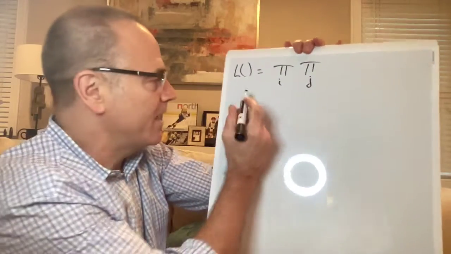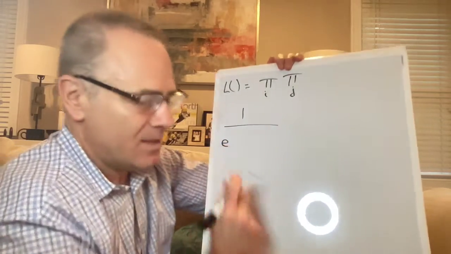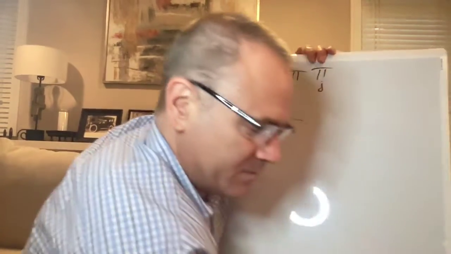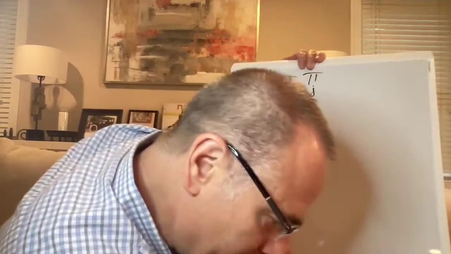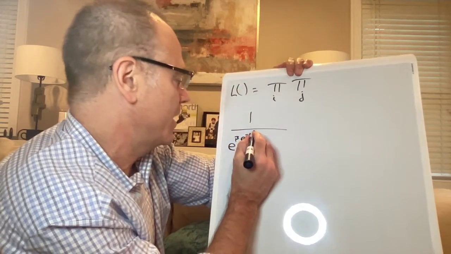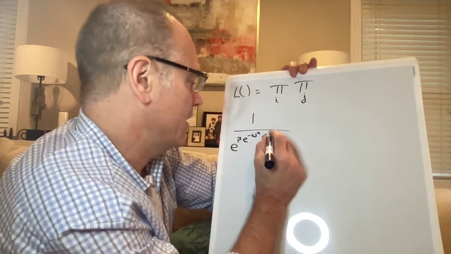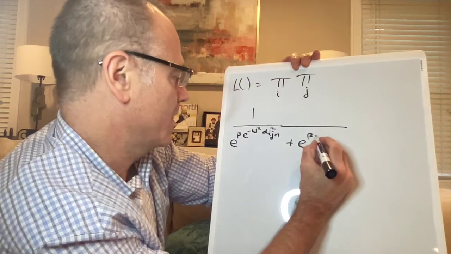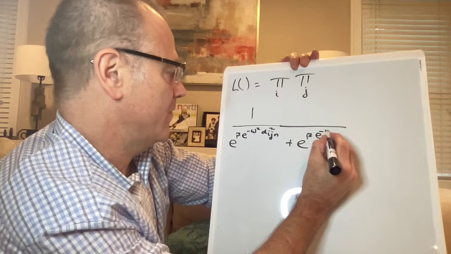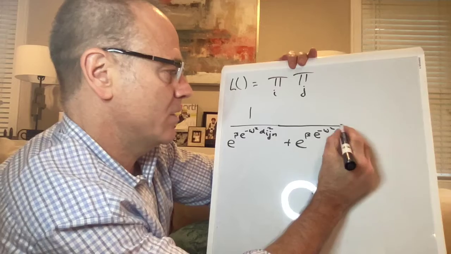The probability that the person votes yay or nay is going to have the same denominator, and it's 1 over e to the beta e to the negative omega squared d_ij n squared plus e to the beta e to the negative omega squared d_ij y squared.